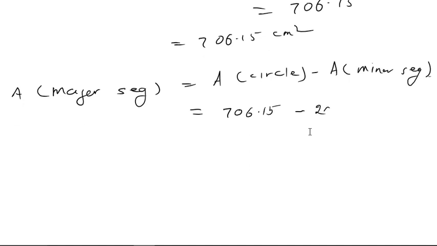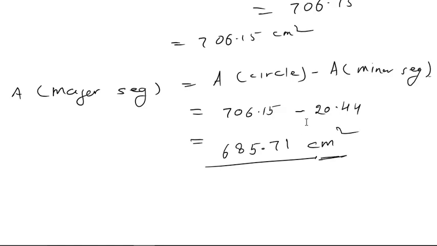So what we get? 5 minus 4 is 1, then 11 minus 4 is 7, then 5 minus 0 is 5, then 10 minus 2 is 8, and this is 6. So 685.71 centimeter square. This is your area of major segment.